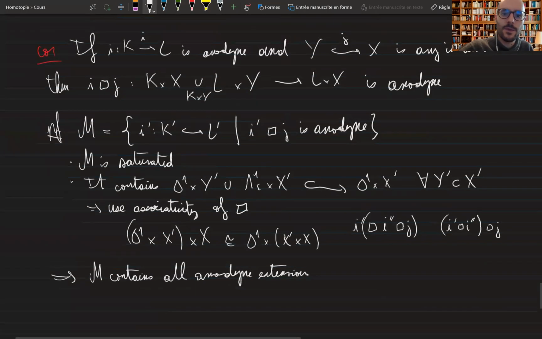And so therefore, the statement of the theorem is true. Whenever I have an anodyne extension, I square J is anodyne, because M, a class such that I square J is anodyne, contains all anodyne extensions. Okay, it's a little bit subtle. I encourage you to take a little bit of time at home to think about it again.